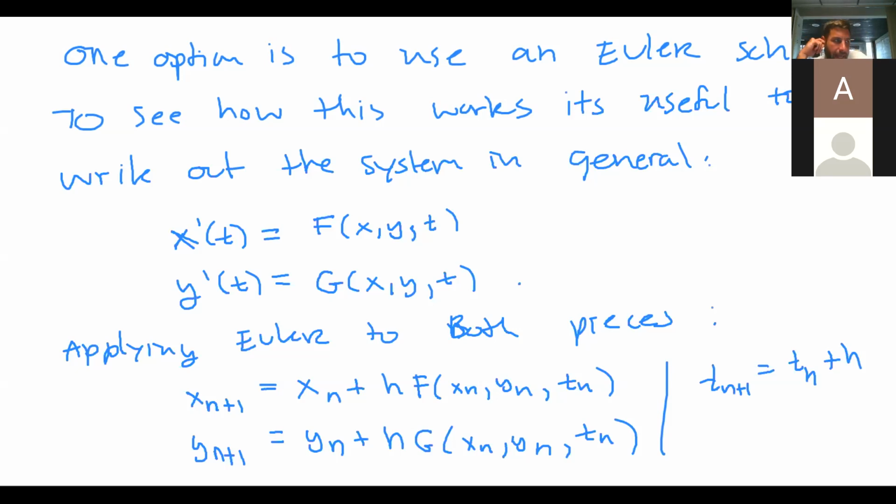Now, we could by hand do it for the simple example before, but maybe we want to have Octave do it for us. And in fact, I'm going to ask you to do that on one of the homeworks. We good so far before we move on?